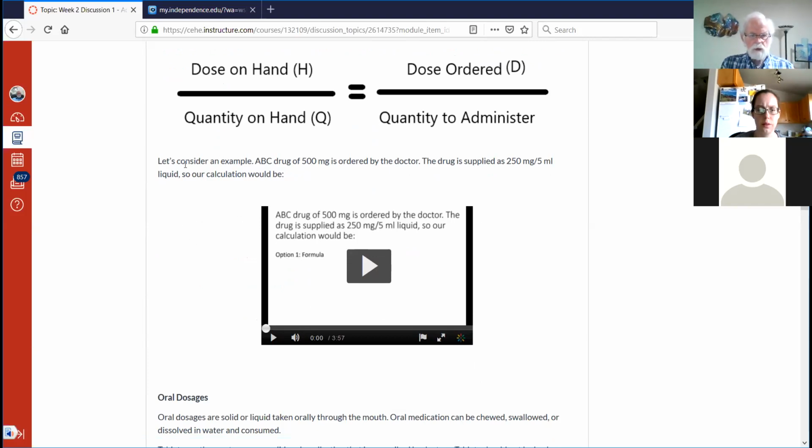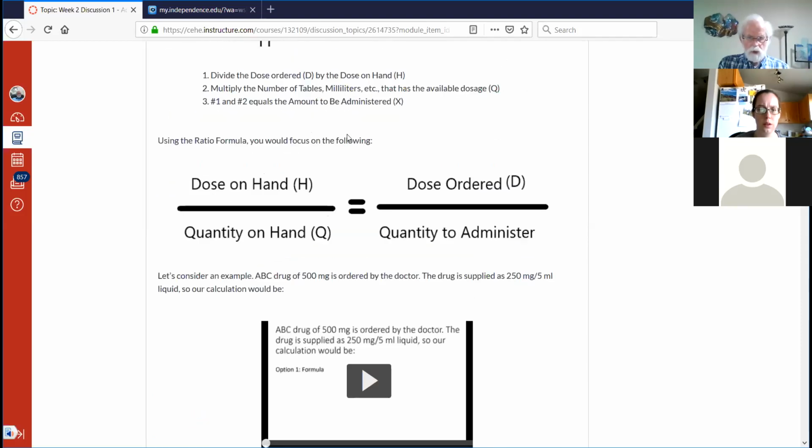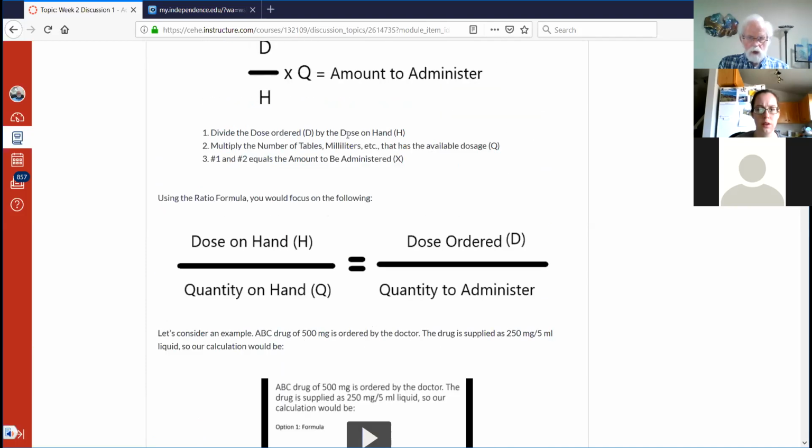This drug, 500 milligrams ordered by the doctor, supplied as 250 milligrams per 5 ml. Now let's take a look at what these variables are. The dose ordered is the 500 milligrams that we are told here.